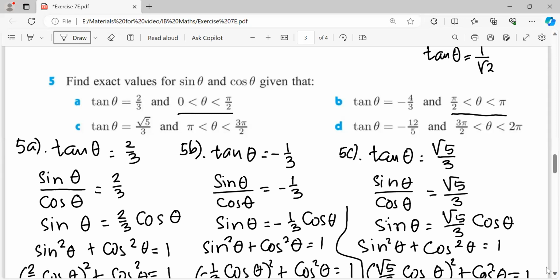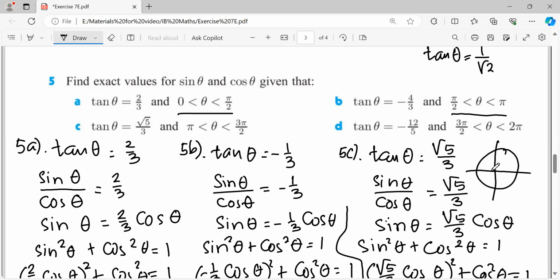In quadrant 3, the coordinate point is negative x, negative y, so cosine is negative and sine is negative.